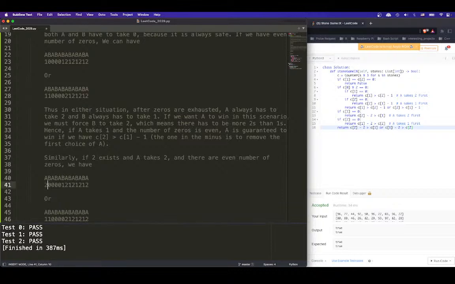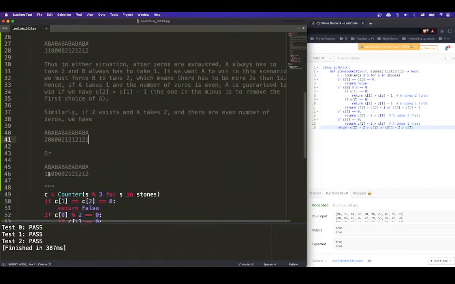Right, so I take 2, then B has to take 2, and then it's 2, 1, 2, 1, 2, 1, 2, 1. Or A takes 2, B has to take 2, and then A has to take 1, 2, 1, 2, 1, 2, and 1. Right?